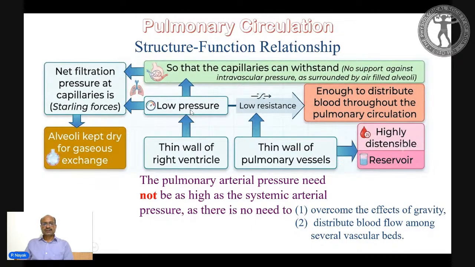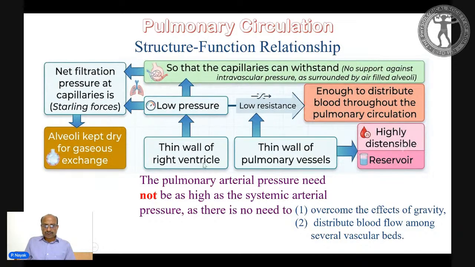This low pressure is sufficient so that the capillaries can withstand. The capillaries have very poor supporting structure, a single cell layer. The alveoli are air-filled sacs, with no support against the intravascular pressure as the capillaries are surrounded by air-filled alveoli. So if the pressure had been a little higher, there is a possibility that the capillary walls would have ruptured.